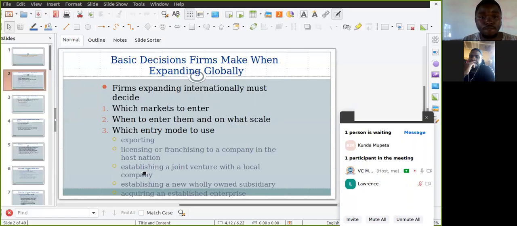So, when to enter them and on what scale? This is also a critical point, because you don't have to rush in making decisions on when to start a business and when not to start a business.